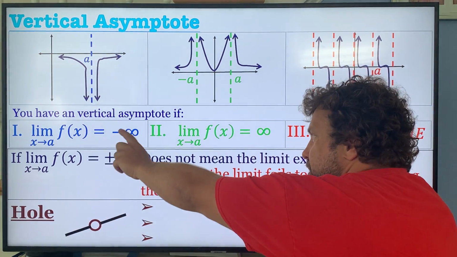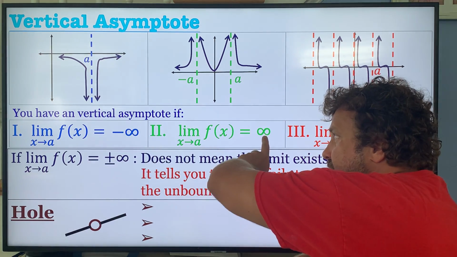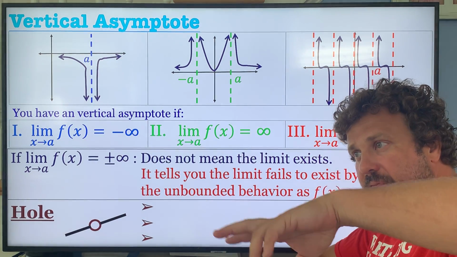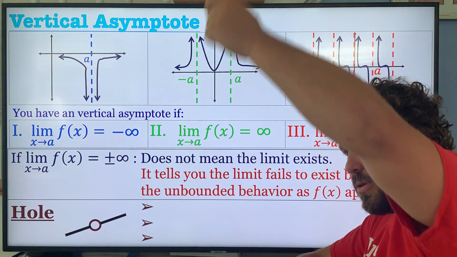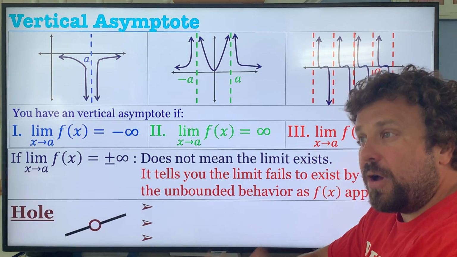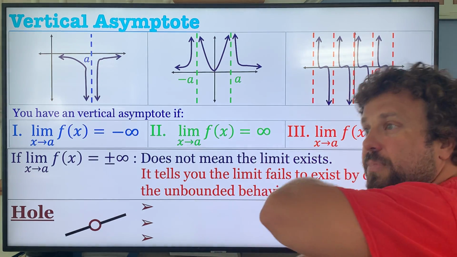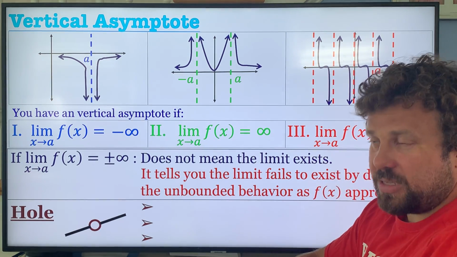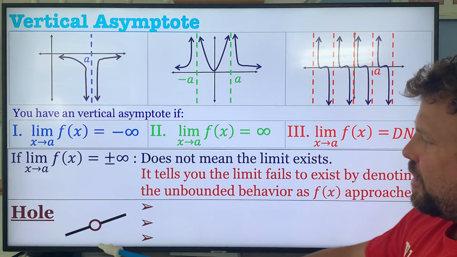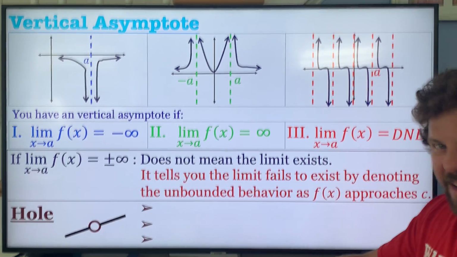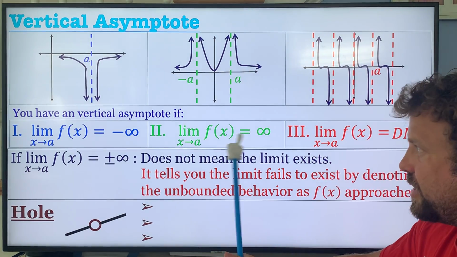So by this telling you the limit is negative infinity or positive infinity, all it does is it says both the things from the positive and negative side both go to infinity or both go to negative infinity. Although, because they both go there, your limit doesn't exist. So it's like a rule hidden in a rule. All right? I can go on for like 20 minutes on why this is true.